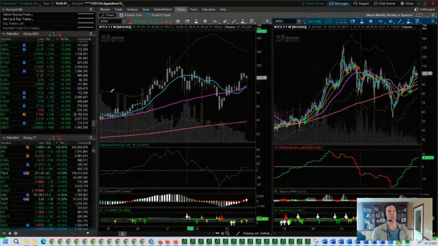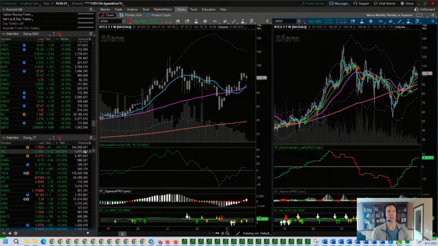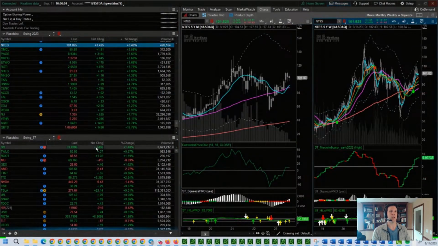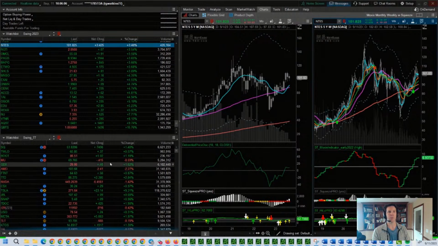The other thing I like to do is take my general watch lists and sort them in various ways. One of the first ways to get a vibe on whether there are a lot of names up versus down is to pop this out a little bit so you can see what's here: net change, which is the dollar amount, and percent change. I really like percent change.